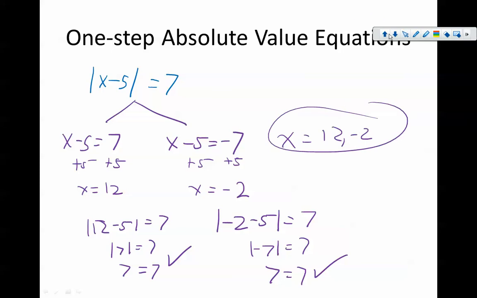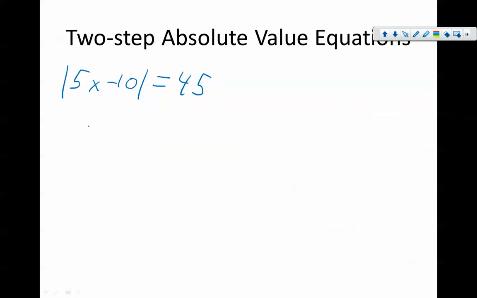Let's do one that's a little bit more complex. The absolute value of 5x minus 10 equals 45. What number, when I multiply by 5 and subtract 10, has a distance away from 0 of 45? That is a lot more difficult to guess and check. So we can split it into two equations like we did last time.